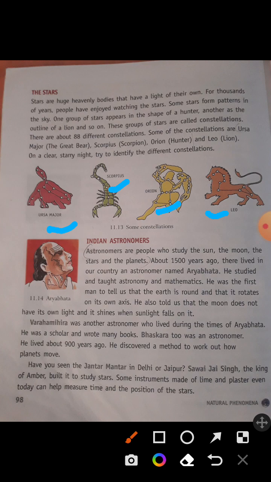Sawai Jai Singh, the king of Amber, built it to study stars. Some instruments made of lime and plaster even today can help measure time and the position of the stars.